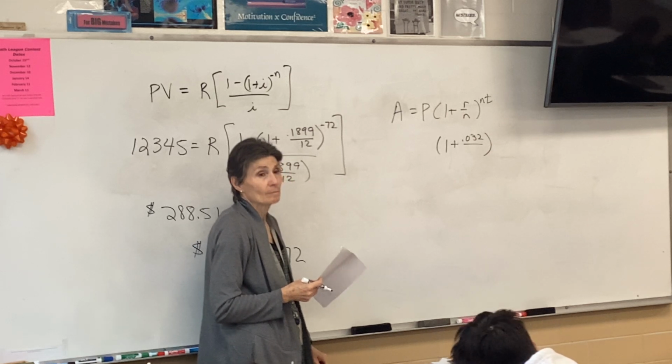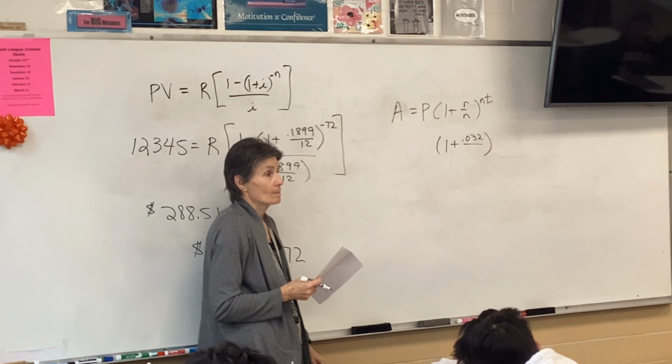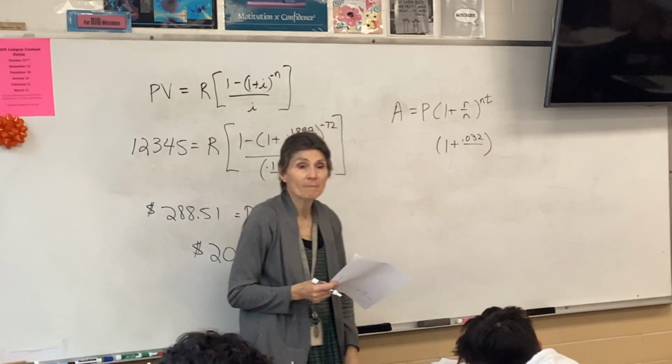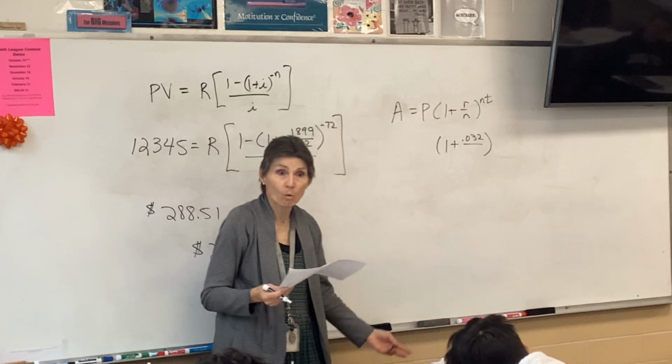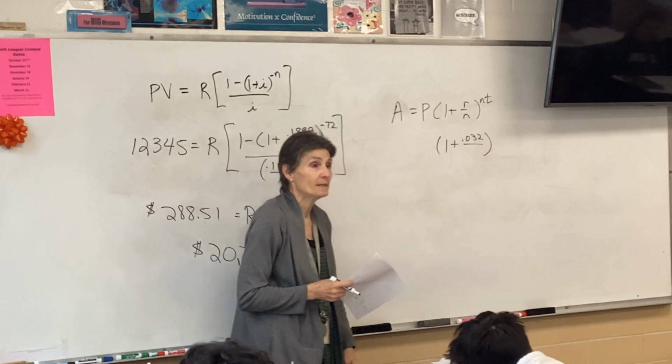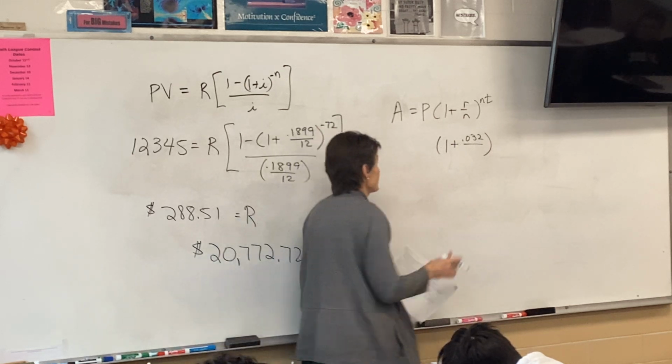What's N? N is 1. Why is it 1? It's annually. Compounded annually, that's once a year. If it were compounded quarterly, N would be 4. This is just for 1.